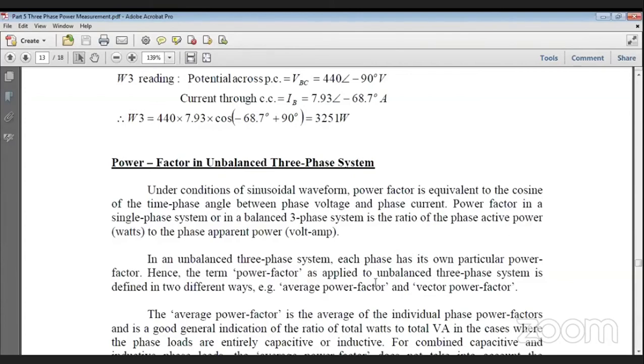Now I am telling you an example. Say I am drawing 100 kilowatt from the line. Another industry is also drawing 100 kilowatt from the line. But I am drawing 50 kilovar, that is kilo volt-ampere reactive. Another industry is drawing 10 kilovar.